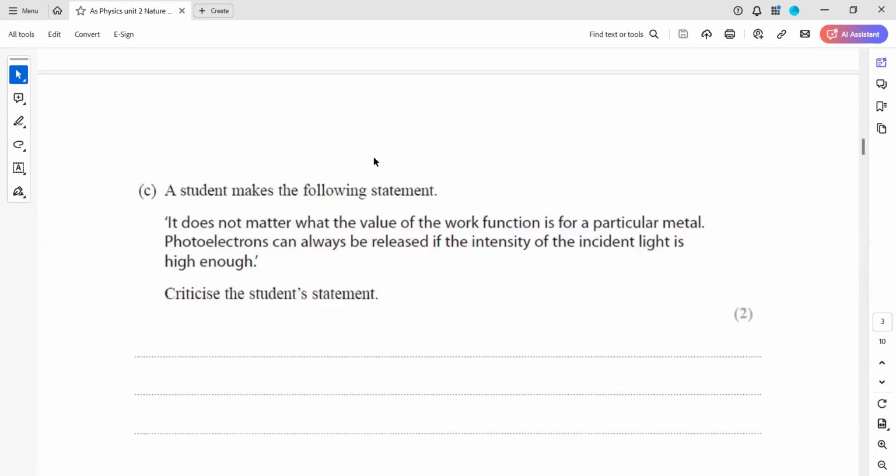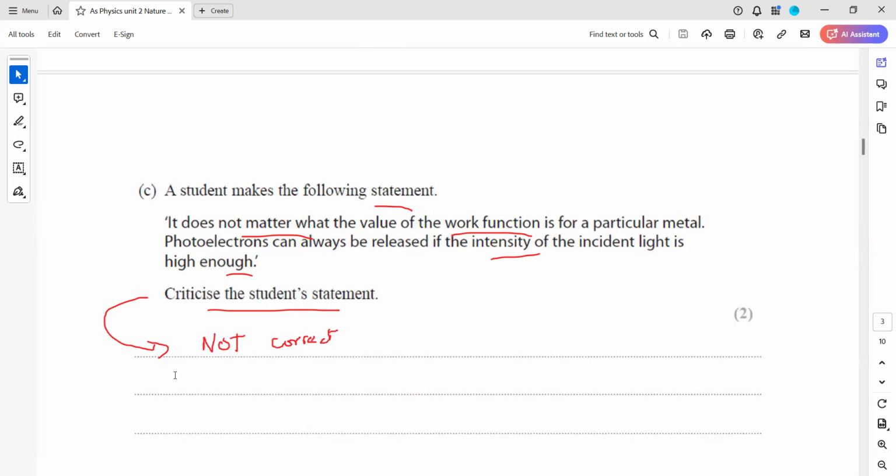A student makes the following statement: it does not matter what the value of the work function is for a particular metal, the photoelectron can always be released if the intensity of the incident light is high enough. Criticize the student's statement. So what is the criticism? You will say the student's statement is not correct. Why is it not correct?